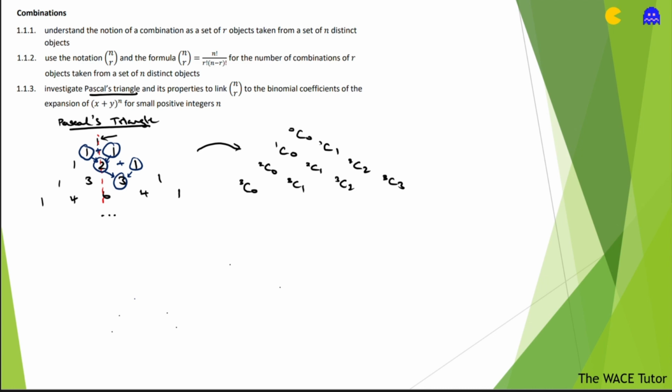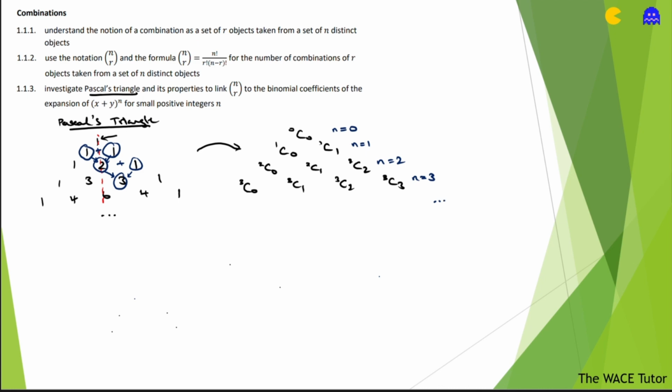You'll notice I referred to this row as the n equals 1 row. That's because this top value here is n equals 1. And notationally, we refer to Pascal's triangle in this way. This is row n equals 0, n equals 1, n equals 2, n equals 3, and so on and so forth.